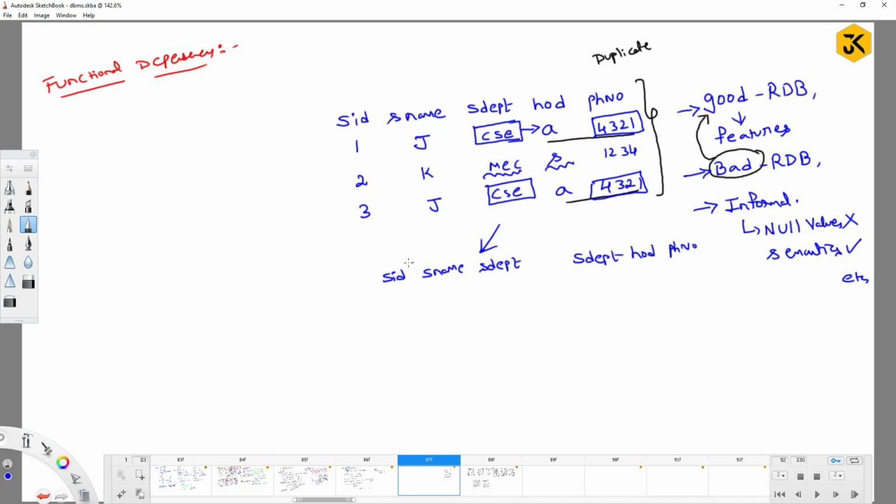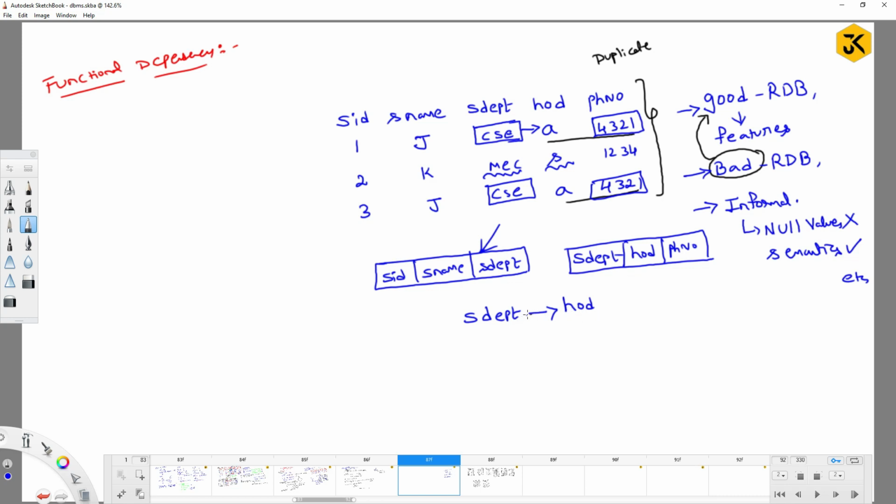Okay, so this we can define with our intuition, but there are certain situations where you cannot identify like this. In that situation we have to go for functional dependency compulsorily. What is the meaning of functional dependency? If I say that student department derives HOD, I can say that these two are in a functional dependency. What is the meaning of this?